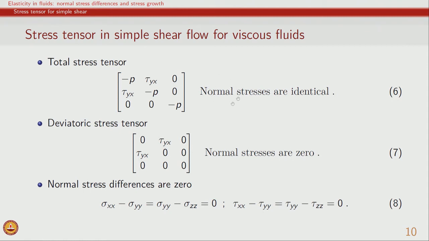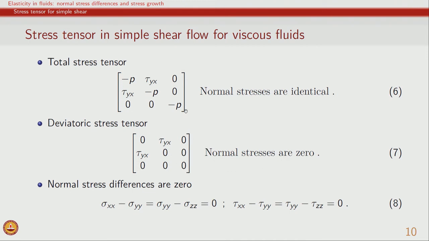So, what we can observe is that the normal stresses are identical in the sense that all the 3 stresses are minus p. Now, if you look at the deviatoric stress tensor, it has only the shear stress component; tau xx, tau yy, tau zz are 0, and therefore, we can say that the deviatoric normal stresses themselves are also 0.